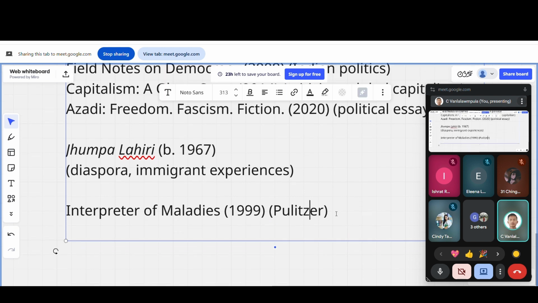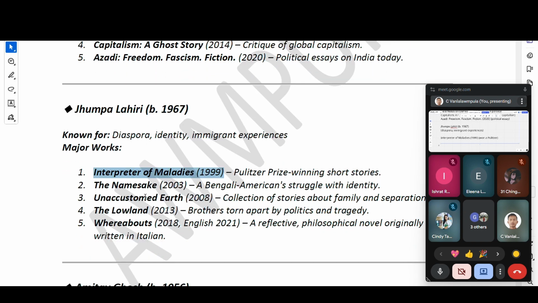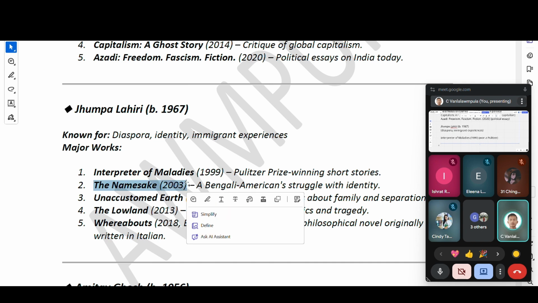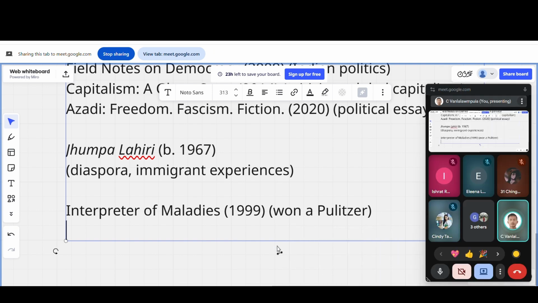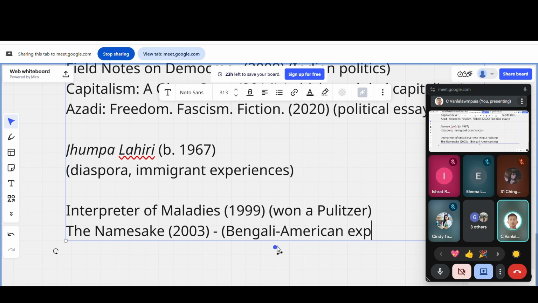Won a Pulitzer. Okay, let us say Interpreter of Melodies. The Lowland. The Namesake. The Namesake is next. It talks mostly about, how do I say, Bengali American experiences. Okay, struggles and all. Talks mostly about Bengali American struggles.